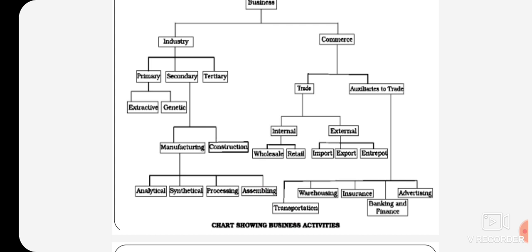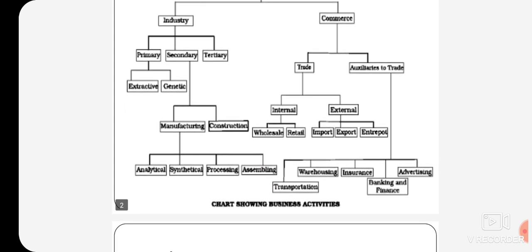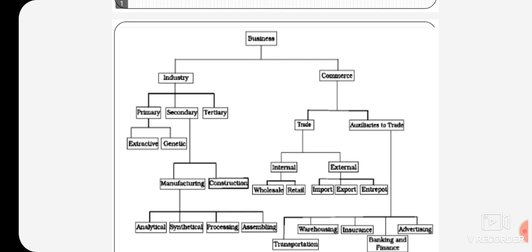Again, in manufacturing industry there are four types: analytical industry, synthetical industry, processing industry, then assembly industry. Then the second part in case of secondary industry is the construction industry. So these are the concepts that come under industry.